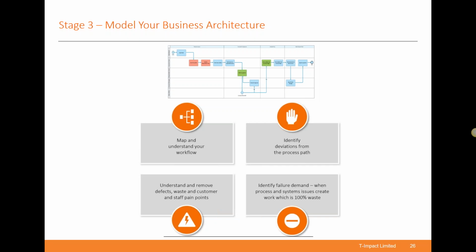You've got to use this deployment as an opportunity to look at your process, improve it, take out the steps that are waste, and then accelerate the improvements that you'll see from the robotic solution. Great things to look for: defects, bottlenecks, and steps which are causing other teams headaches, what we call failure demands. So processes and steps in a process which cause problems for other teams further on down the line.